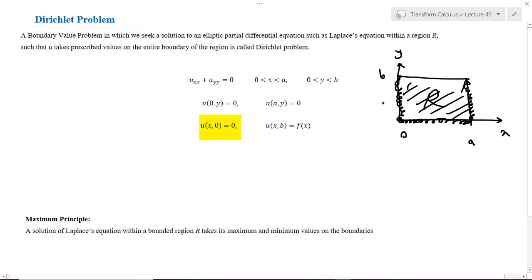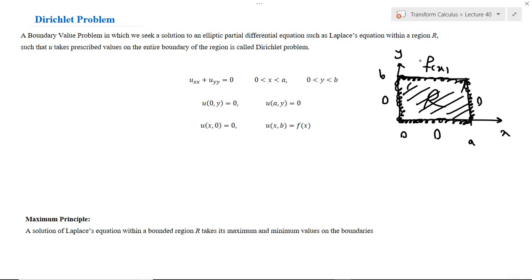Here is 0, here is 0, here is 0, and u of x and b is equal to f(x), this boundary. On any boundary of the region, we have a prescribed value.